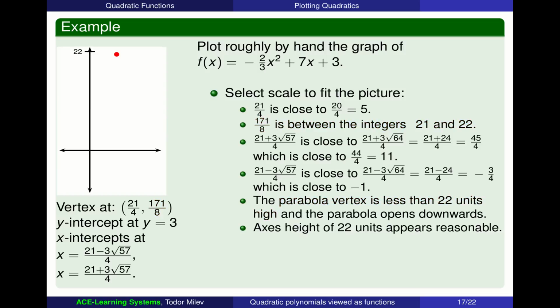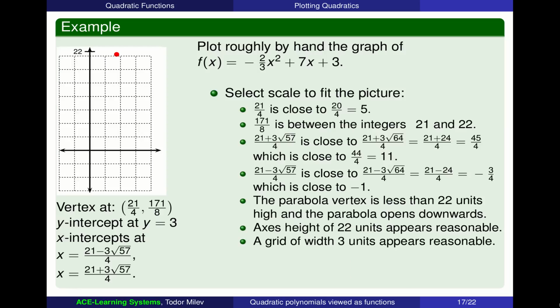I'm going to elongate them so that the highest point on my axis is 22 units. That's reasonable because the highest point I'm going to have to draw is about 21 units, between 21 and 22 units. A grid of width 3 units appears reasonable.